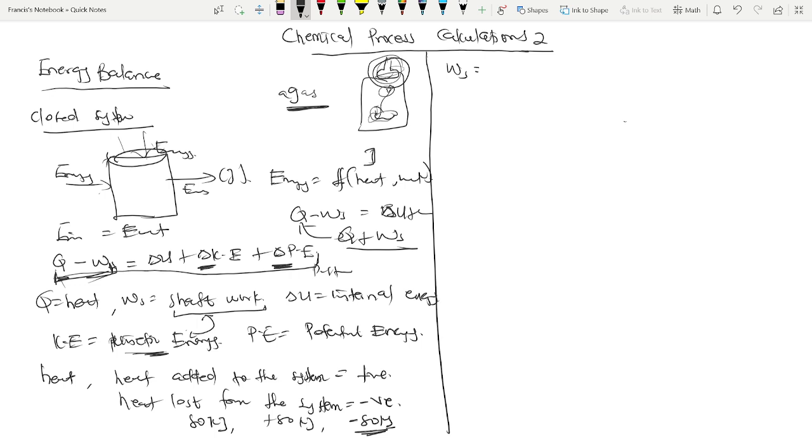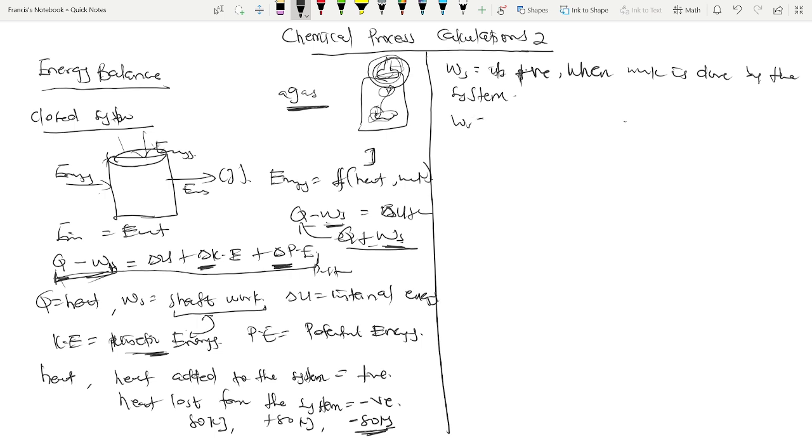But now, for Q plus WS and Q minus WS, the shaft work has different, let's say opposite, definitions. Now for this, we are dealing with Q minus W. So WS is positive when work is done by the system.